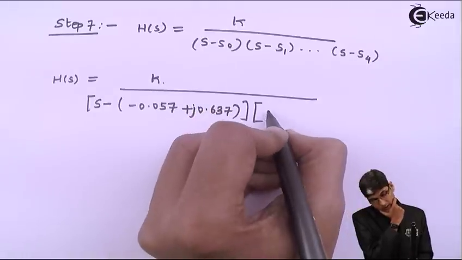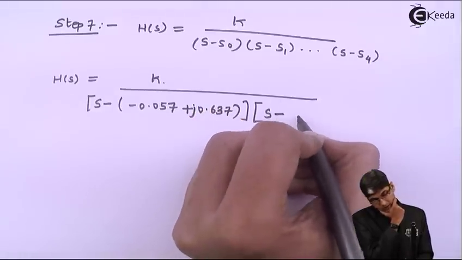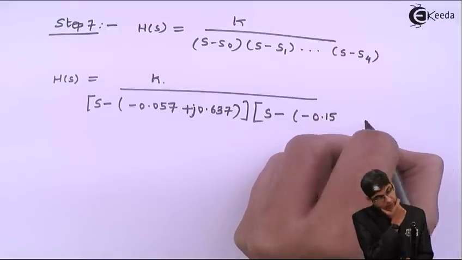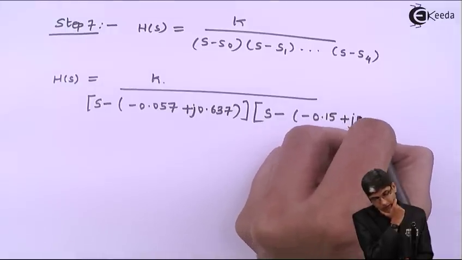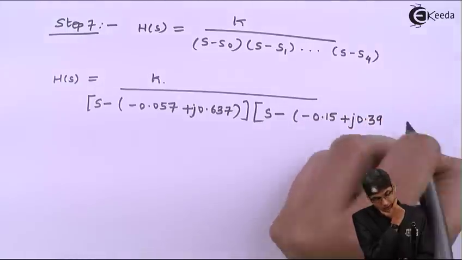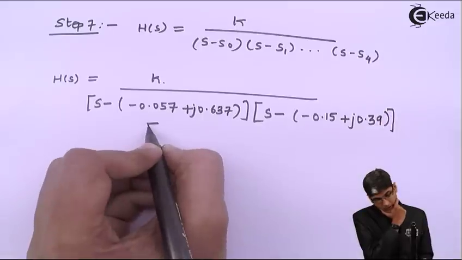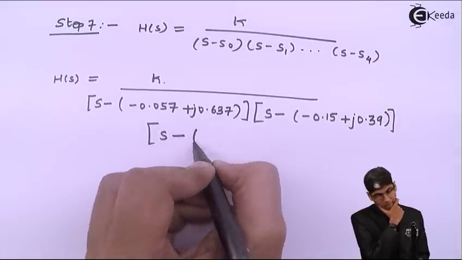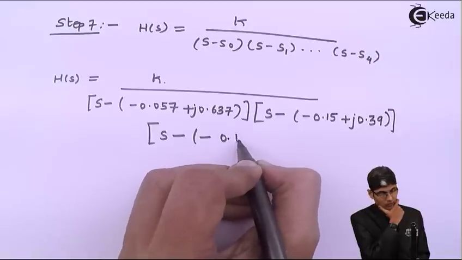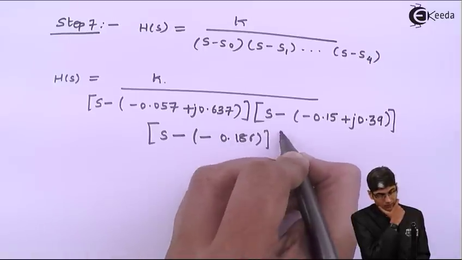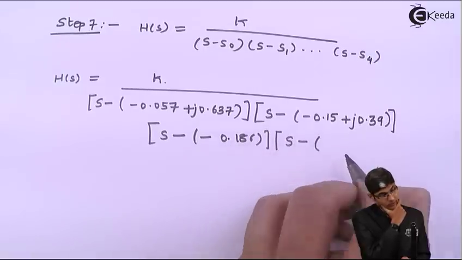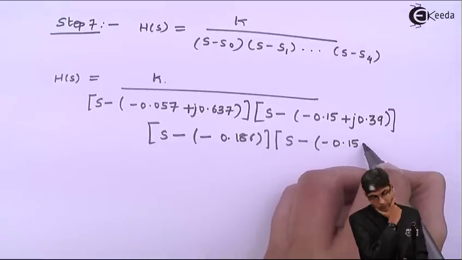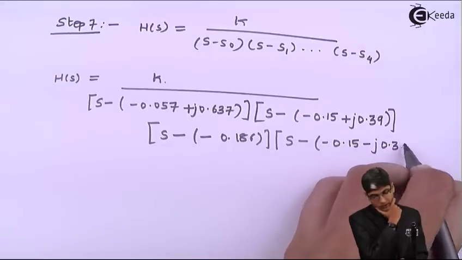Likewise, there will be S1. So, S minus minus 0.15 plus j 0.39. Okay, then we have S minus minus 0.186. Here S minus minus 0.15 minus j 0.39.